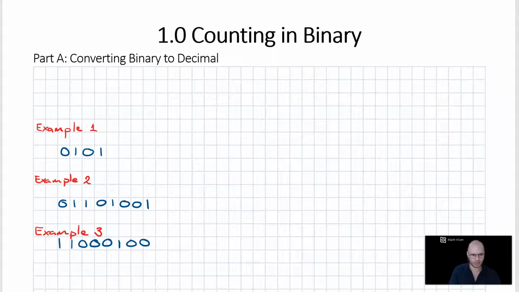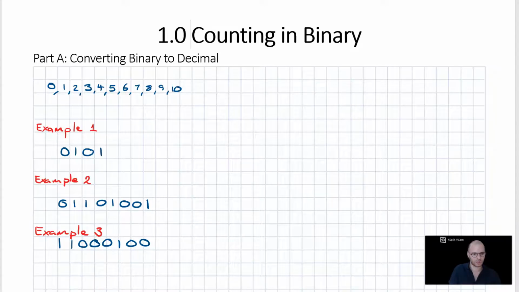Now jumping straight into it, when we're thinking of a binary number, the best place to start is looking at our own number system. So if we were to count upwards from 0 in our own number system, we're going to start from 0, then we go 1, 2, 3, 4, 5, 6, 7, 8, 9, and 10.